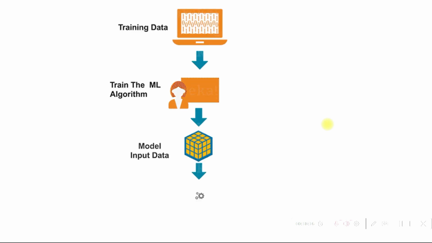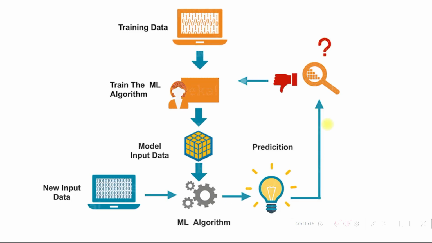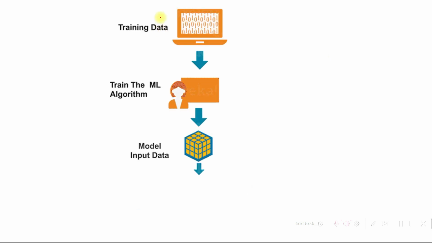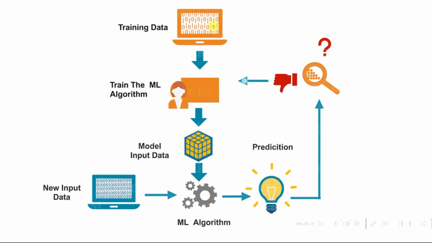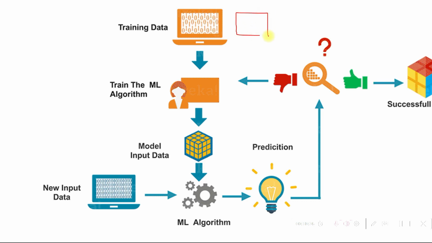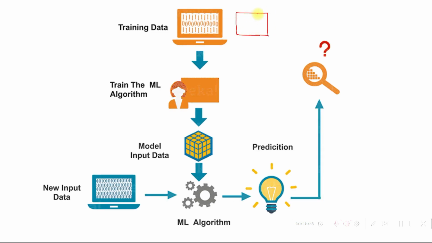Now we'll see how the machine learning problem is going to be executed. First of all, for any machine learning problem, you have to collect the data. Now the data is given to our machine. For example, the iris data set.